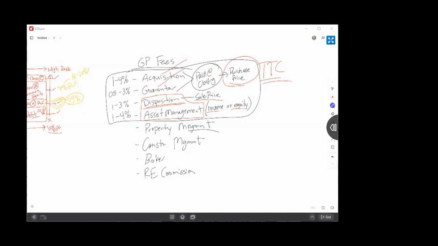The property management fee is based off of the gross income off the asset. Construction management fee is based off of the CapEx that is spent. And then, of course, these two would be off of the actual purchase price of the asset as well. So hopefully that was helpful for you.